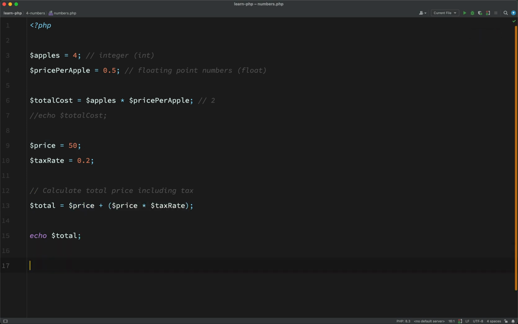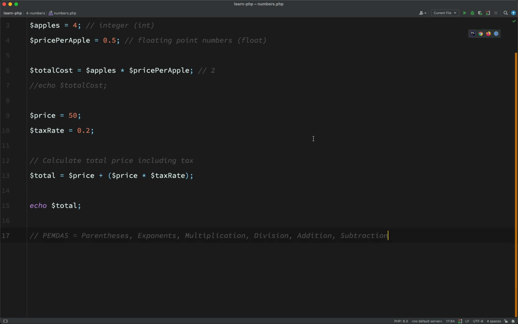Okay, so the way that things are calculated in PHP, it's like in real life maths really. It uses this PEMDAS, sometimes called BODMAS, depending on where you are in the world. And so this tells you the order in which everything is calculated. So first it will calculate the things which are in parentheses, followed by exponents, followed by multiplication, then division, then addition, and then subtraction.